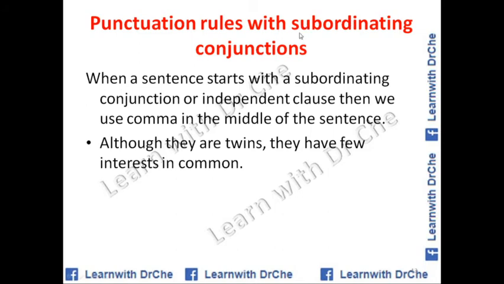Punctuation rules with subordinating conjunctions. When a sentence starts with a subordinating conjunction, then we use a comma in the middle of the sentence. Although they are twins, they have few interests in common.